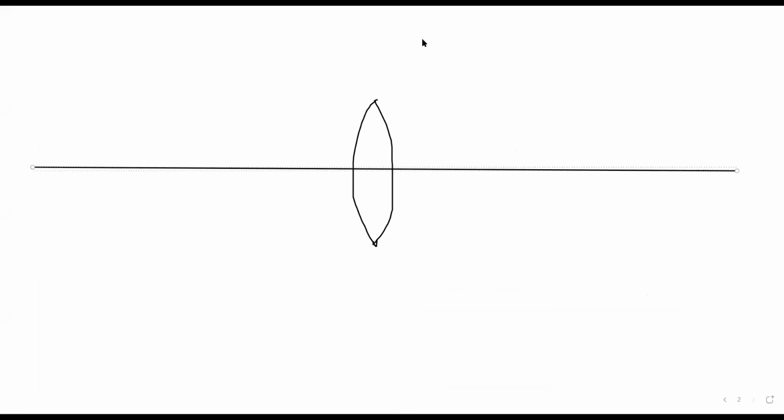The imaginary line which is passing through the center of the lens is called the principal axis, and the distance between the center and the focus is called the focal length. And there is another point which is called 2f, which is double of the focus.